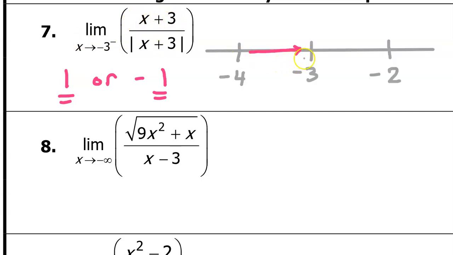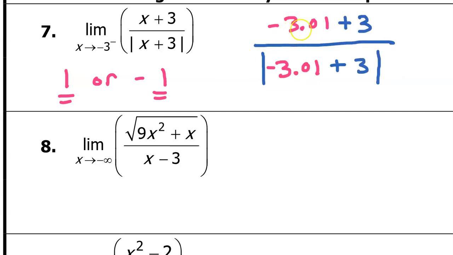As we approach negative 3 from the left, the values are going to be a little bit less than negative 3. So think about values like negative 3.01. Negative 3.01 is a little bit to the left of negative 3.